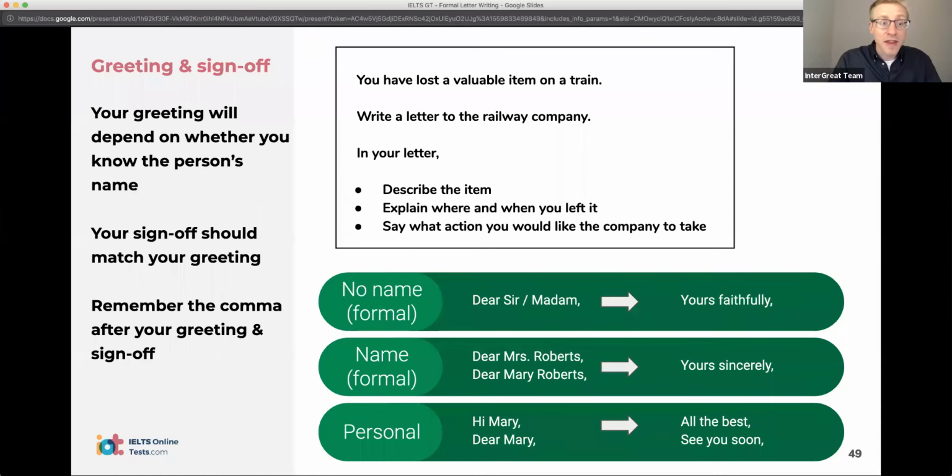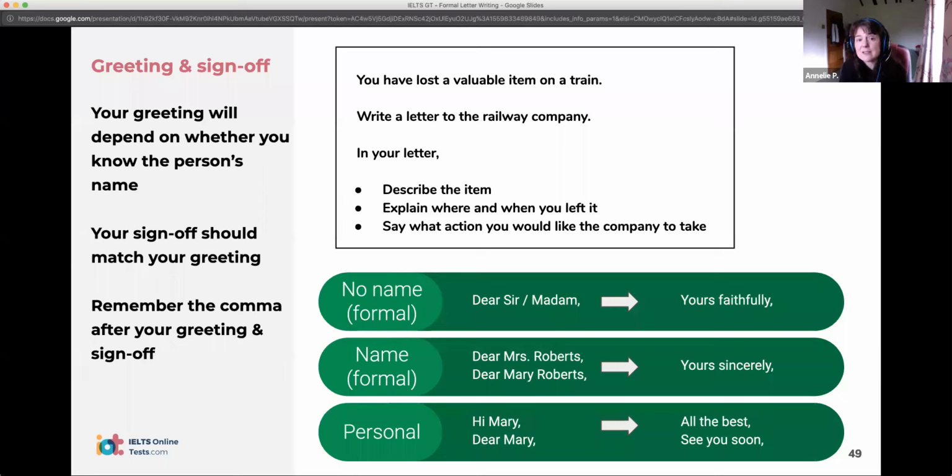A question here from Navi, who is asking, how can I improve my speaking? I'm unable to get ideas for writing and speaking. Well, that's a very general question. If you're having trouble getting ideas, for example, the IOT website has writing tasks and model letters, so you can get a very good idea of what constitutes a good argument, and what constitutes the right format for a task, for a formal essay.